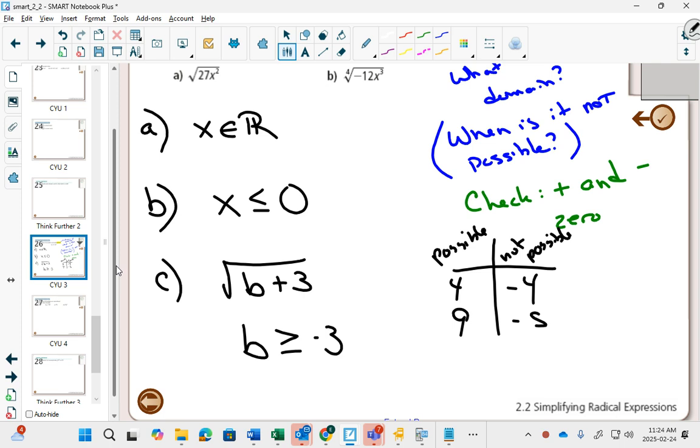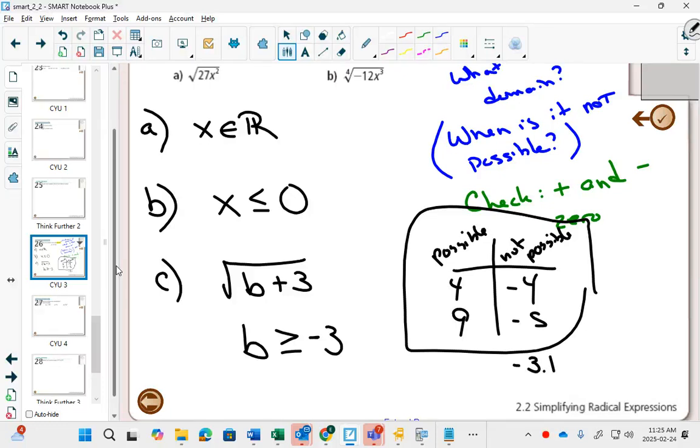So I just wanted to show that sometimes when we start thinking about what works and what doesn't work, it can help us realize a pattern and get us to see our answer there. Joe. So it's any number that's less than -3? -4 is not possible. -3.1 would not be possible.